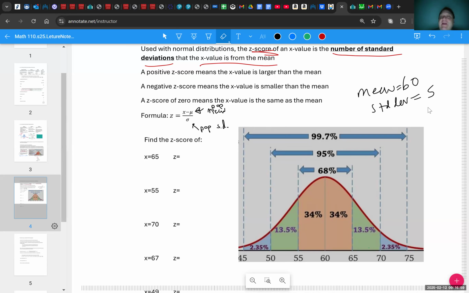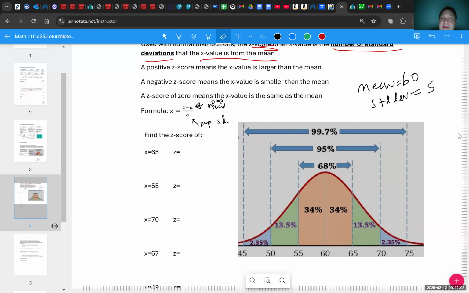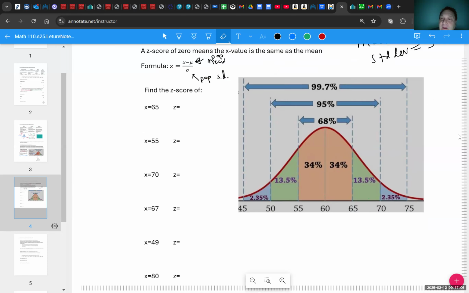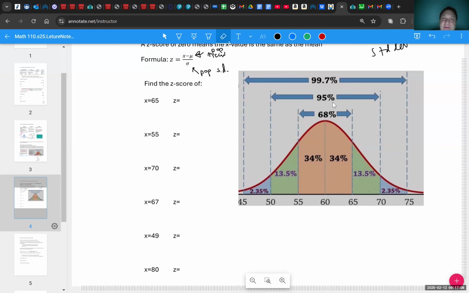All right, we're going to find z values of a bunch of numbers just to get some experience with finding z-scores. What about 65? For 65, x is 65, right here. We want to know how many standard deviations above or below the middle it is.